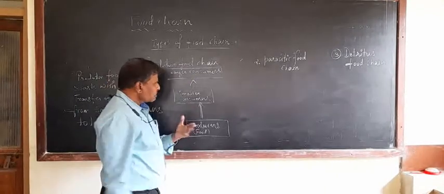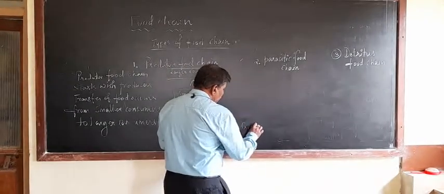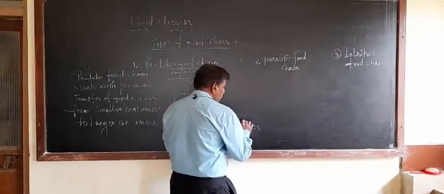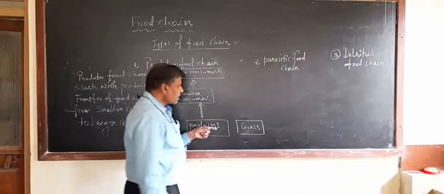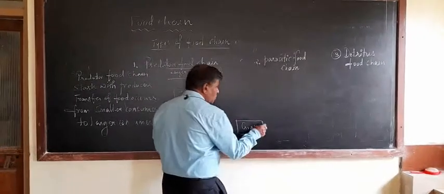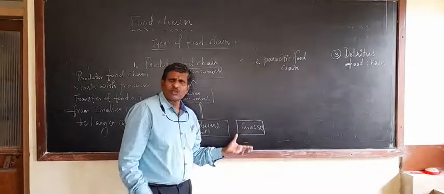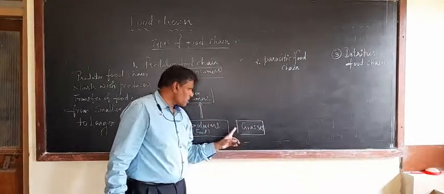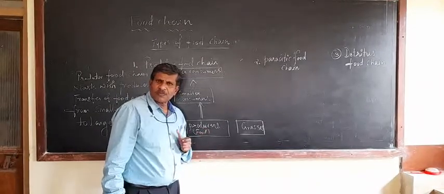So, for example, one simple example that I would like to give you. Take the example of the grassland ecosystem. There, grasses are the major producers. They are the most usual green plants which produce food by way of photosynthesis. That is why we consider grasses as the producers.